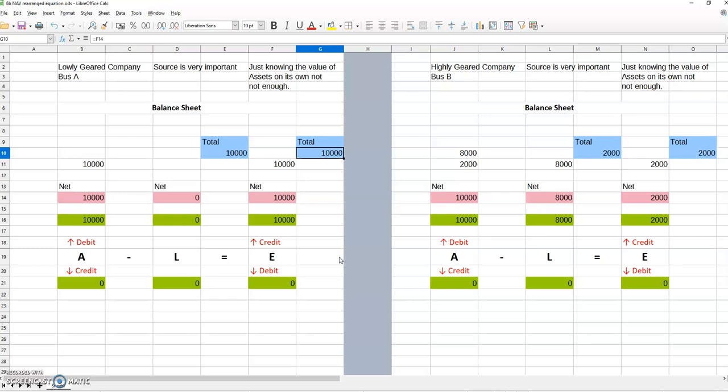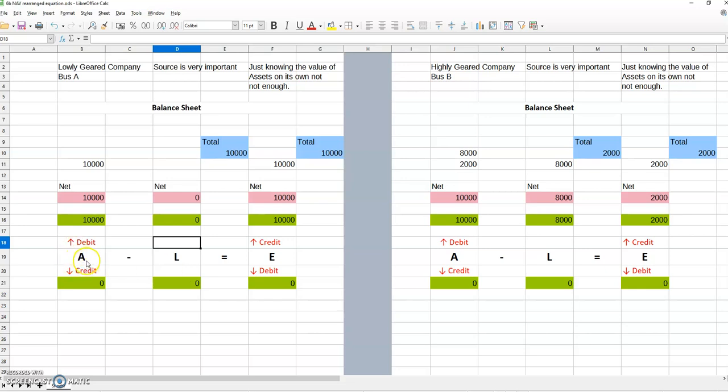So as I say, that is useful, but we need to approach this with a little bit of caution, because we've brought this to the other side of the equation. Now it's become negative. And you can see here that I have taken away the debits and credits. The reason is that debits and credits only work if everything is positive.